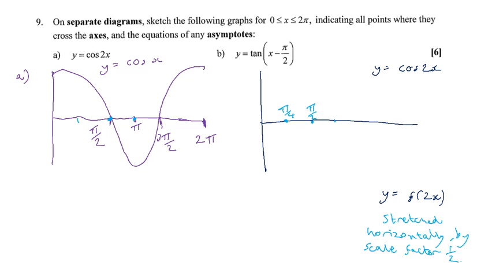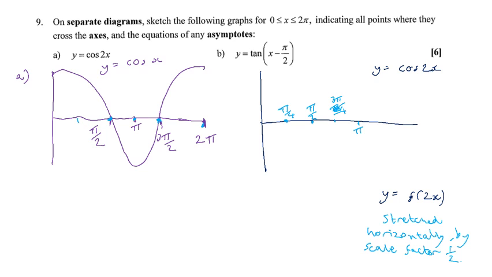We've got pi over 4, pi over 2. Then this point here was 3 pi over 2. If we halve that, we get 3 pi over 4. This point here was 2 pi. If we halve that, we get pi. So we've got pi over 4, pi over 2, 3/4 pi, pi.